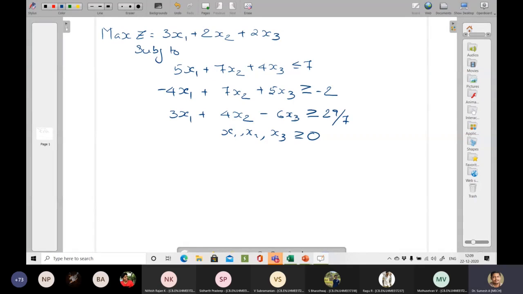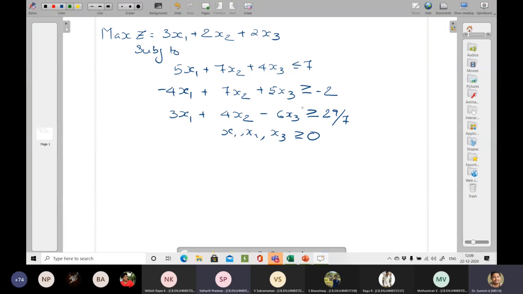Okay, so this is the next problem. So how to proceed? Whatever the method is, first we have to convert into standard form.